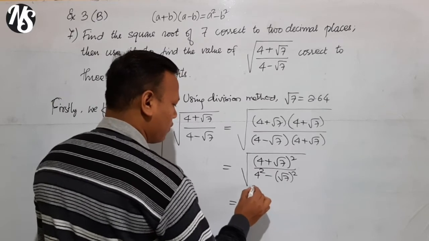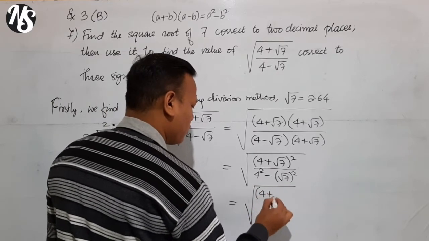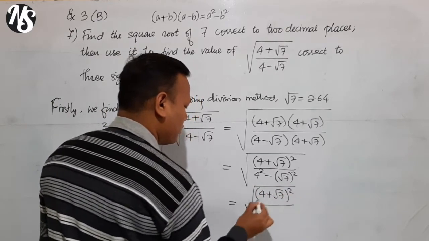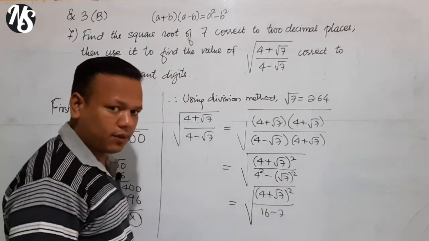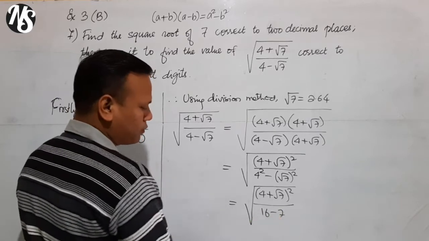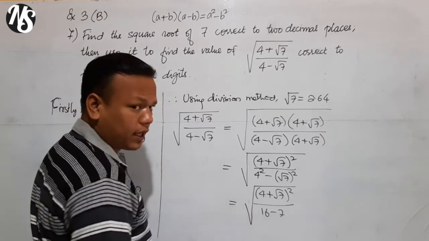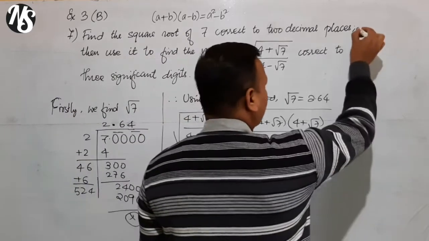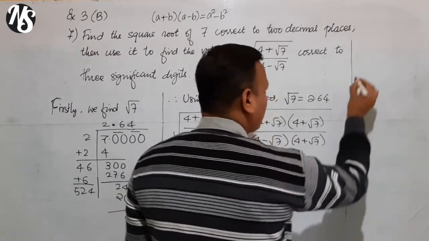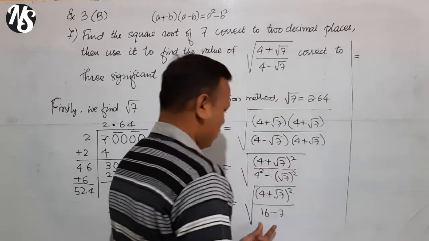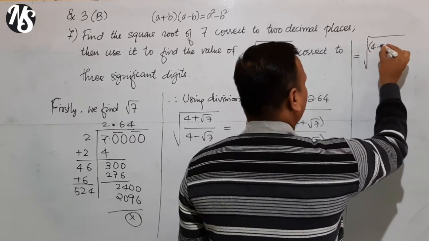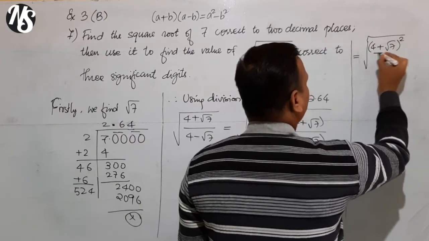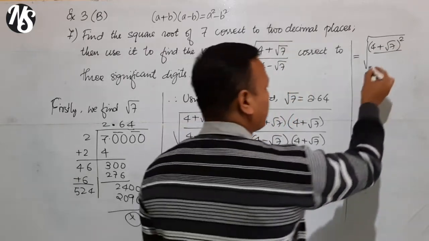So we have (4 + √7) whole square. Now this 16 − (√7)² is just 7. Okay, now 16 − 7 is 9, isn't it? So let me write it here. This is the square root of (4 + √7) whole square by 9.